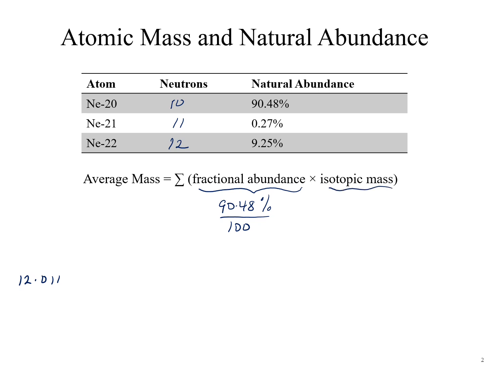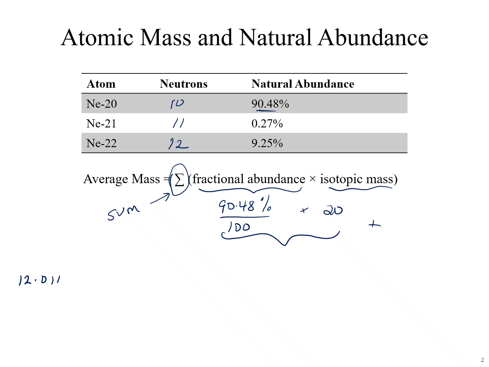I'm looking at my percentage here that corresponds to neon 20. The mass is 20, so that will be times 20. This part in your equation means the sum of, so we're adding all of them together. I have 3 isotopes, so I need to add that factor plus the same for the second isotope plus the same for the third one.